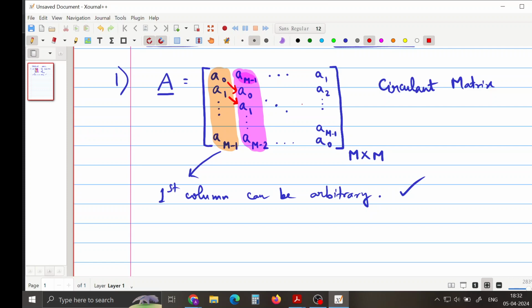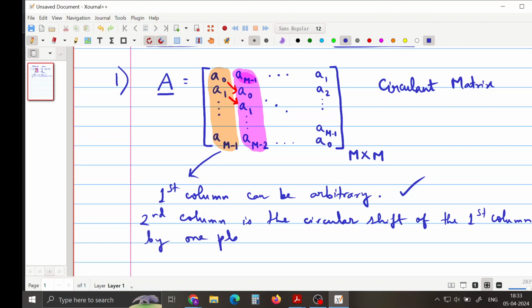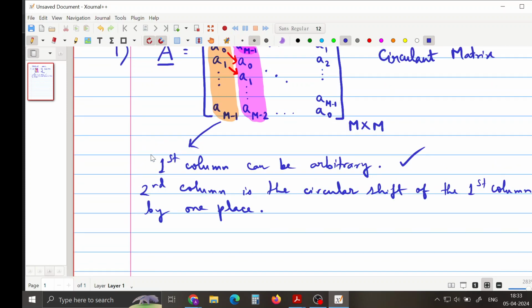So that's the observation: the second column is the circular shift of the first column by 1 place.